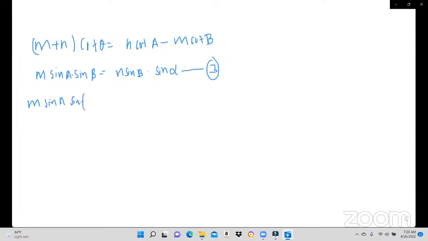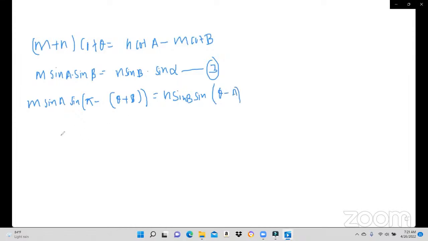Beta means, by considering the angles of the triangle, pi minus theta plus b, and also n sine b we want to keep, and we want to substitute for sine alpha. Alpha means it is theta minus a.